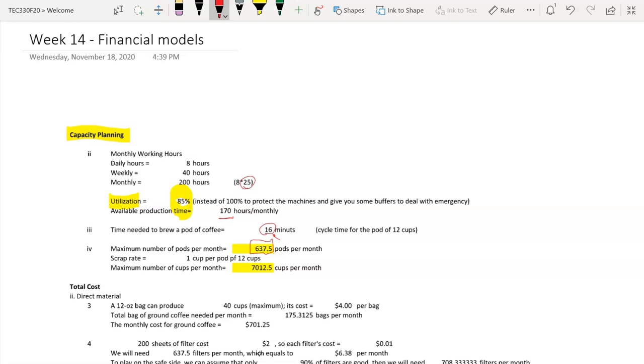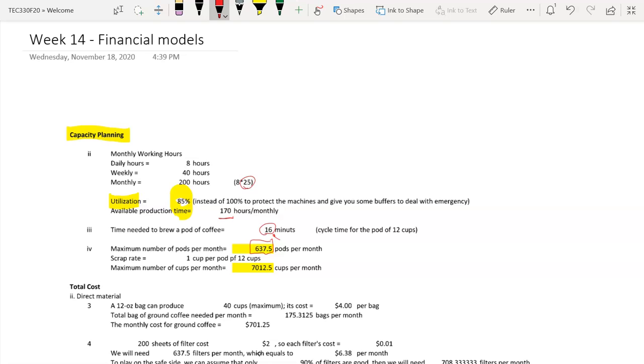Sometimes the machine operation might not be precise. Sometimes you pour a little bit too much or a little bit too little, so probably every 1 cup out of 12 cups you would have 1 cup of scrap. And that 1 cup of scrap is not something you can sell, right? It's less than 1 cup, so you want to dump it.